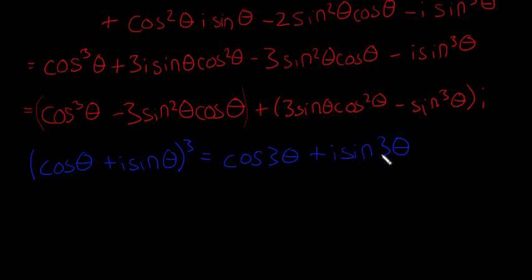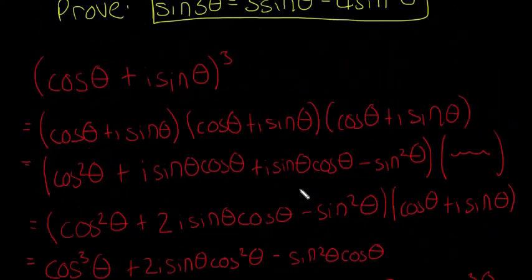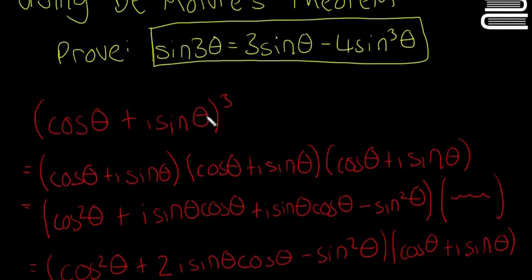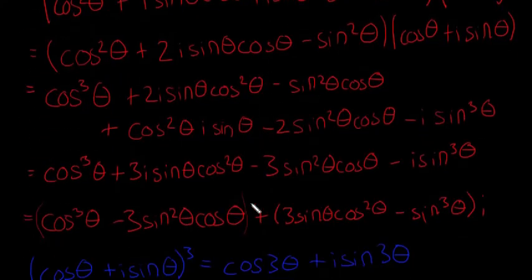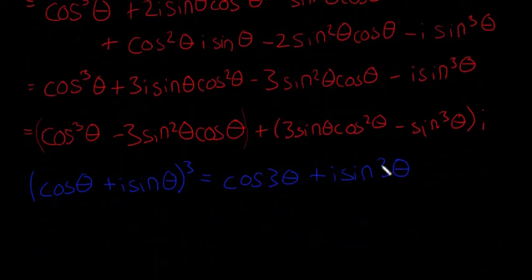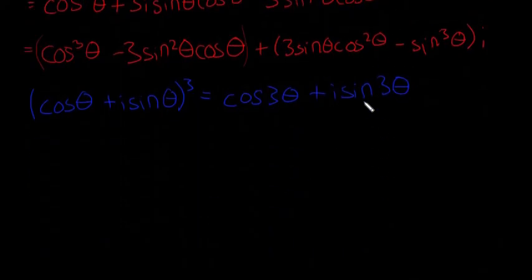So I sine 3 theta is the same as this one here, because we did the same thing. So cos theta plus I sine theta cubed is equal to this by de Moivre's theorem, and also cos theta plus I sine theta cubed is equal to this just by algebra, by multiplying it out. And we know the I bits have to be equal to the I bits, so we can say that sine 3 theta is equal to what we have here.